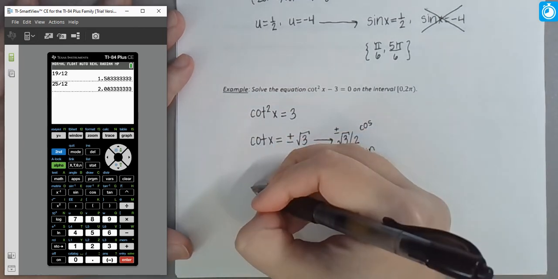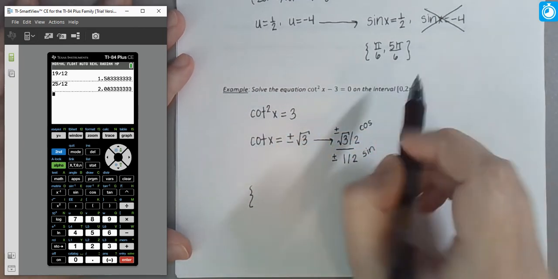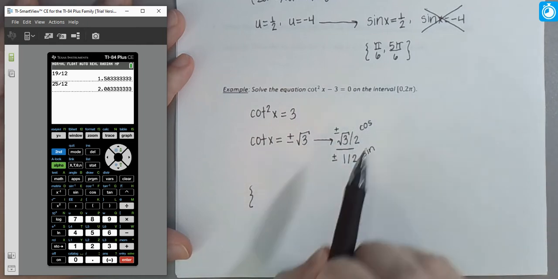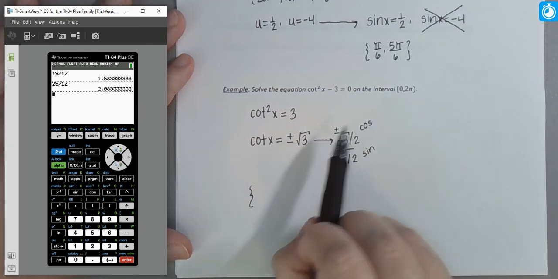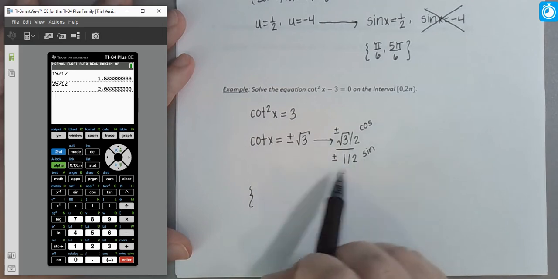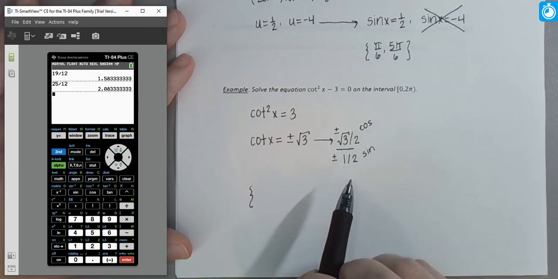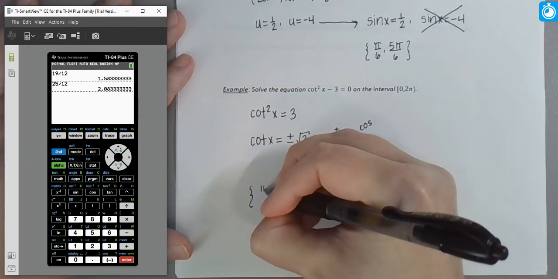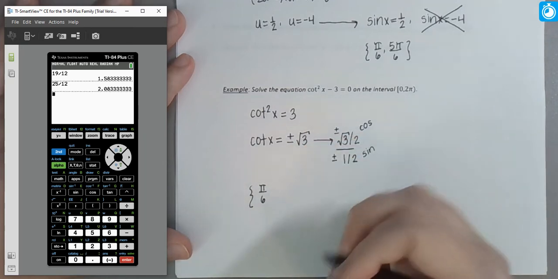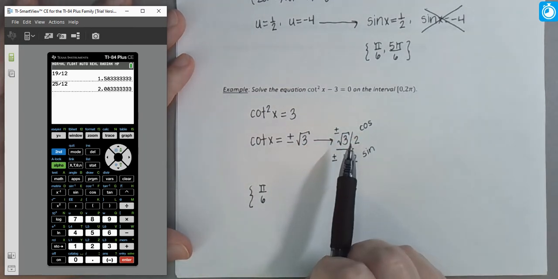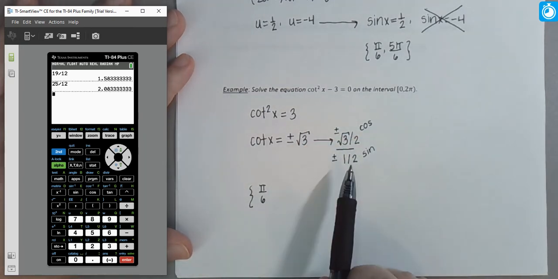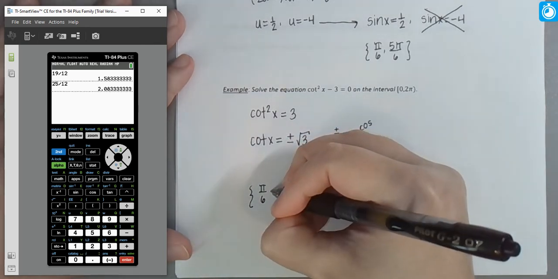So what values of x, what radian measures between 0 and 2 pi, would correspond to these x values and these y values? Well, in the first quadrant, pi over 6 is going to have a cosine of root 3 over 2 and a sine of 1/2.